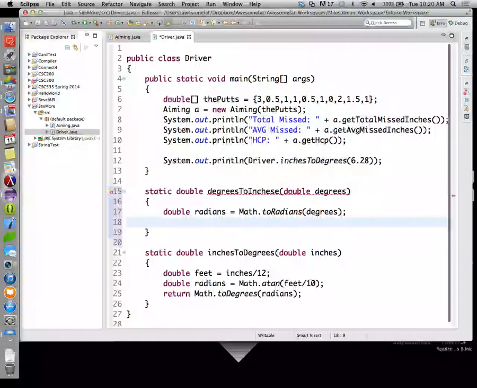Okay, so now we have our degrees in radians. How do I get that converted into feet? Or reversing this. So I want to say double feet is equal to something related to radians.